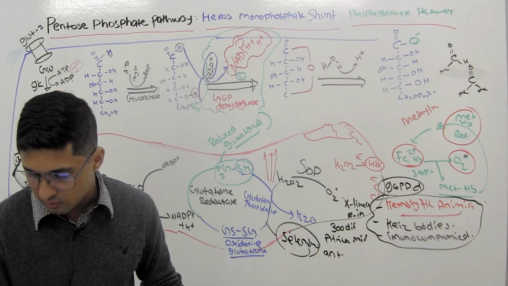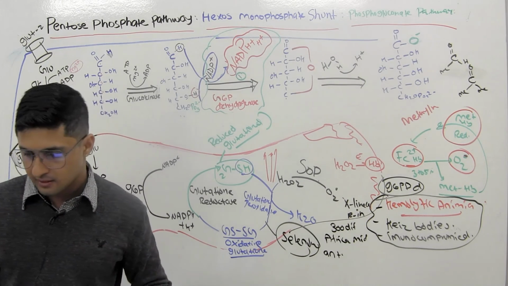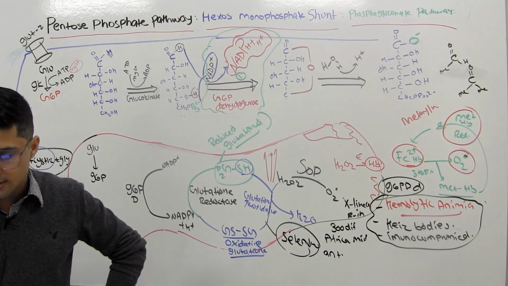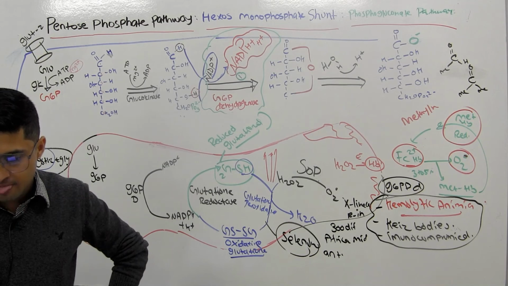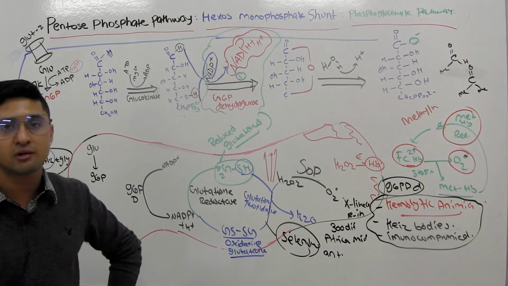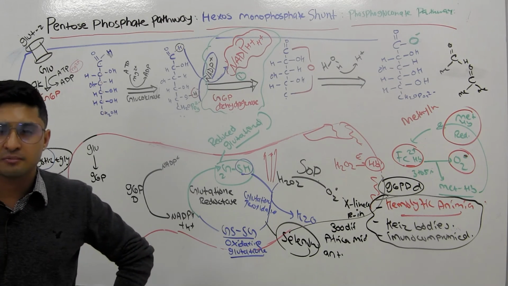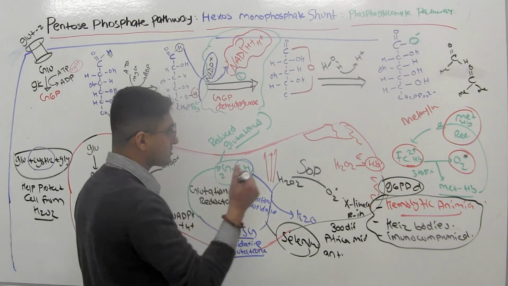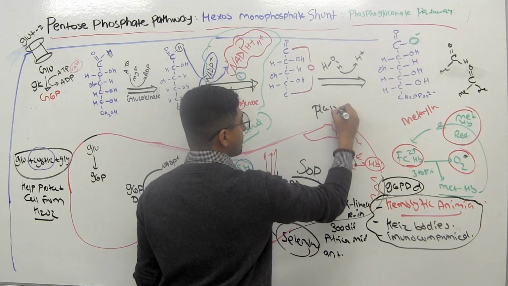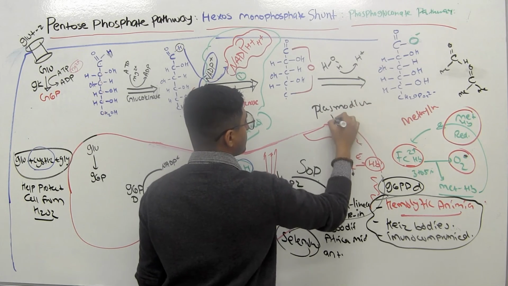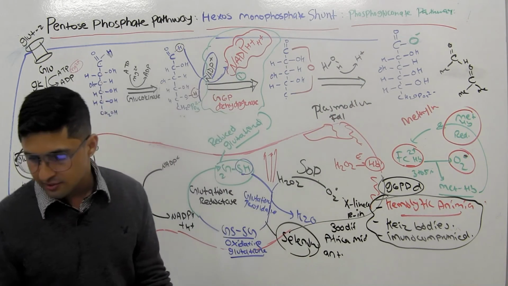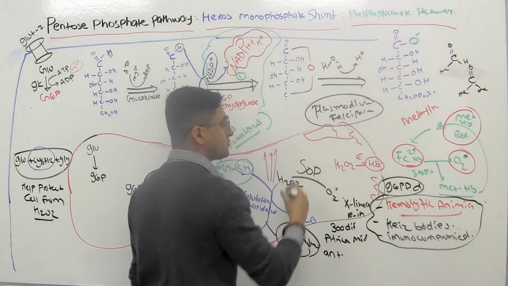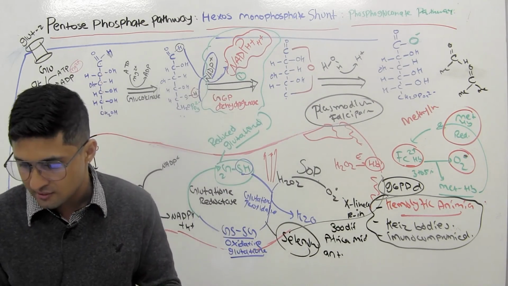And one of the things also is that individuals with glucose 6-phosphate deficiency are resistant to malaria, which is common in certain parts of the world and caused by the parasite called Plasmodium, with this one being falciparum. That's something I also wanted to mention.